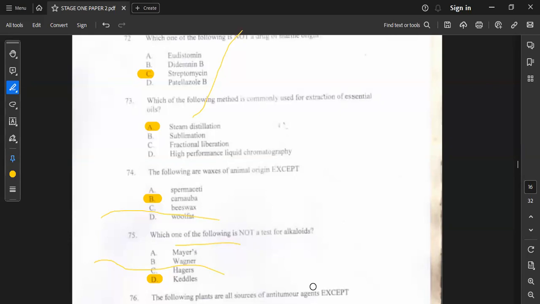Or in which part of the plants can you find alkaloids? Okay, we can start with that. It's just the one that has nitrogen in the heterocyclic system. What else?